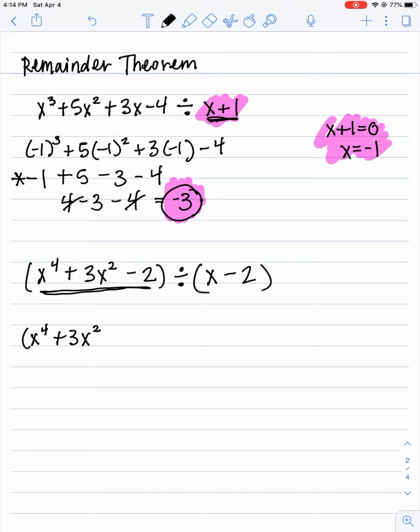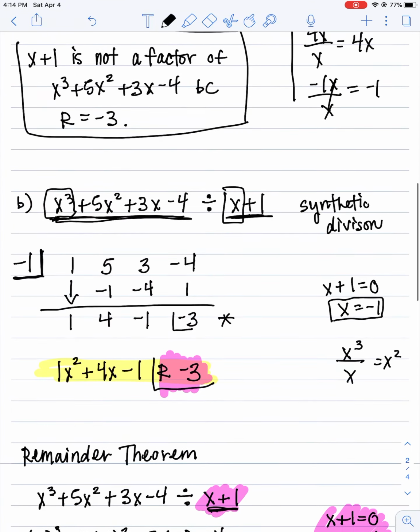What do you mean, Miss Floyd? What's the missing piece? Well, let me show you. This is x to the 4th plus 3x squared. There are no x's, so there is a 0x minus 2. Please notice that this and this is exactly the same. This 0x that I included is called a placeholder, divided by x minus 2.